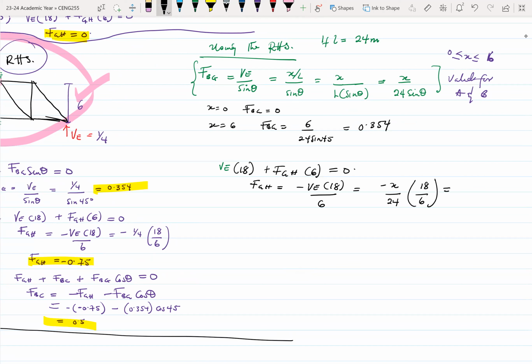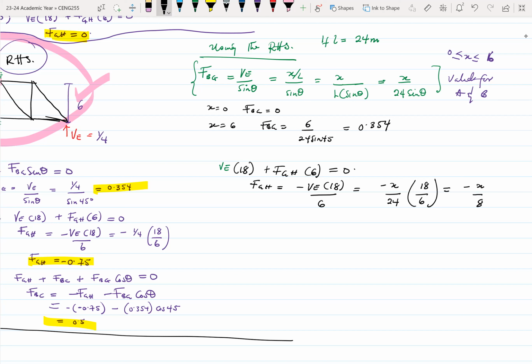So we can simplify this here, and then we'll get what? 18 divided by 24 times 6. And this one will give us minus x over 8. So this becomes your equation.